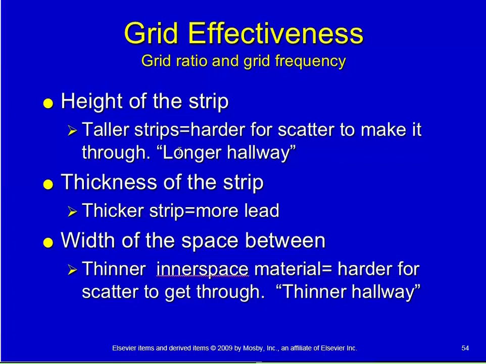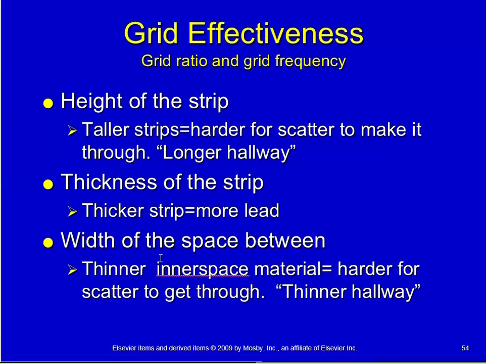So the longer the hallway, the more vertical, or the more accurate, or more parallel to the lead strips the X-ray photon has to be in order to make it through. So it's going to absorb a lot of scatter radiation. Anything that's not going parallel with that long hallway is going to be absorbed.